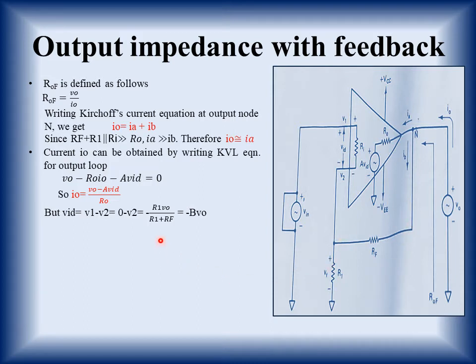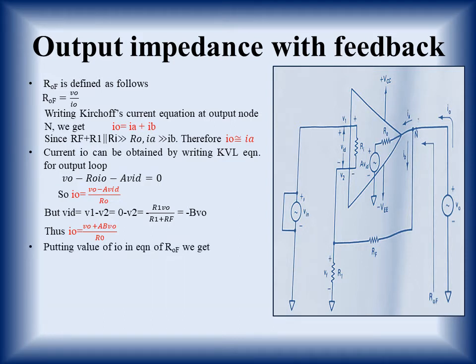It is R1 upon R1 plus RF into V naught, and R1 upon R1 plus RF we have already defined as capital B. So we can write VID is simply minus B V naught. Placing this value in AVID, this is what we get: I naught is equal to V naught plus AB V naught upon R naught.